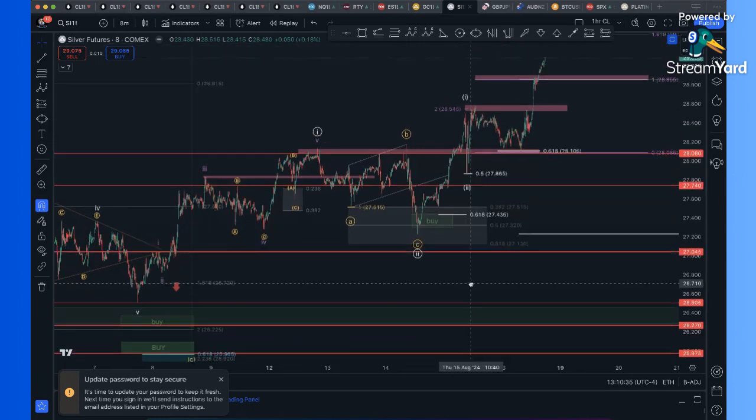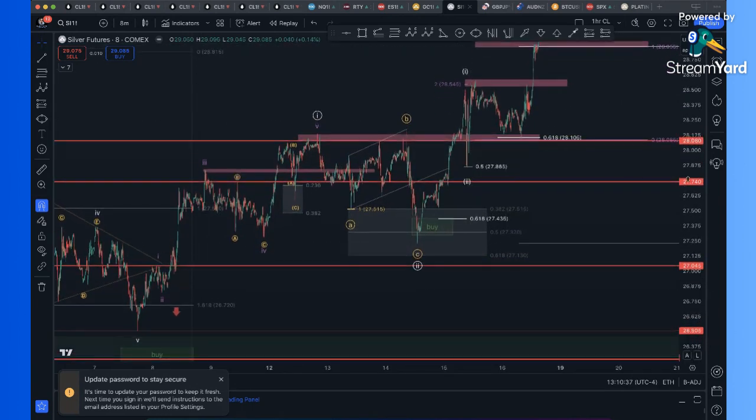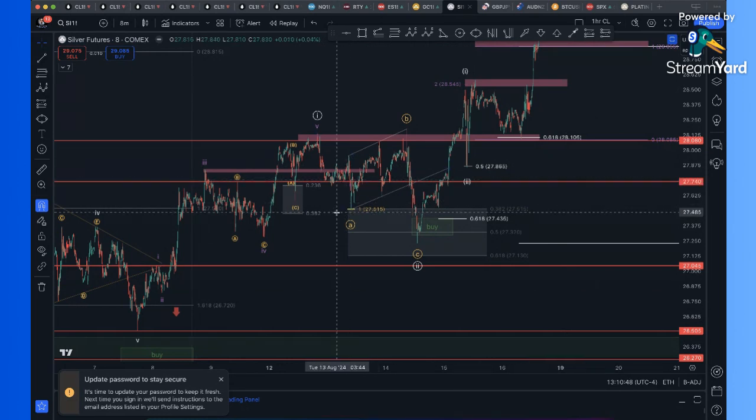Something of value for you guys. When we look at ABC corrections, we're looking for proportions. We're measuring these things. I'm not going to rehash what I've already gone over in the previous videos, but I just want to mention one thing. You notice this B wave top right here from Wednesday, August 14th in the morning actually exceeded the previous high.